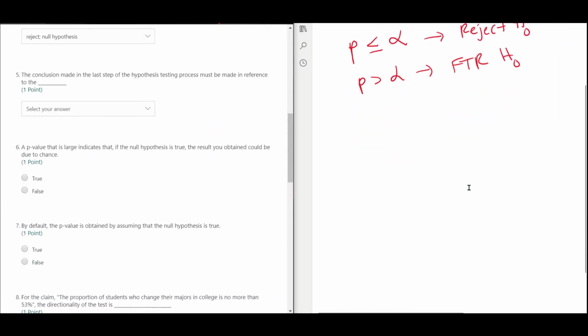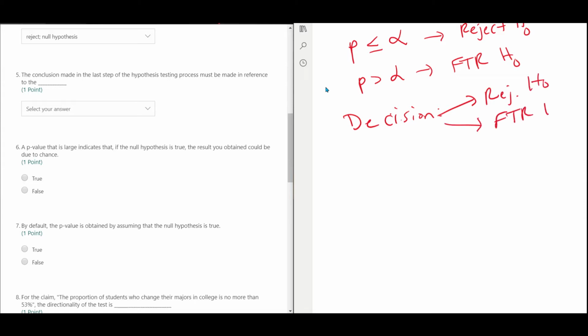The conclusion made in the last step of the hypothesis testing process is in reference to what? Remember that the decision is always either reject H0 or fail to reject H0, whereas the conclusion is based off of the claim.